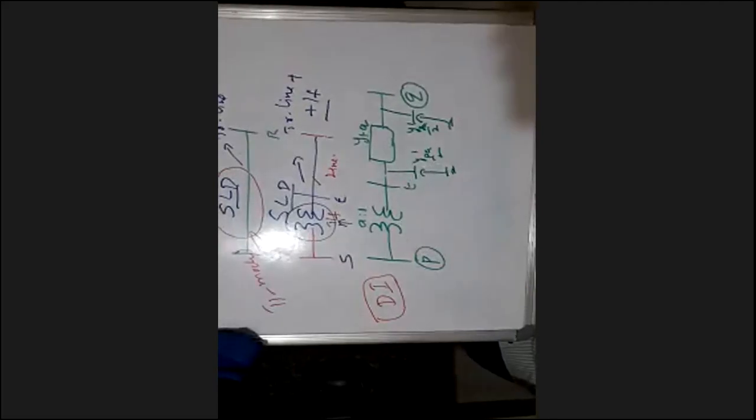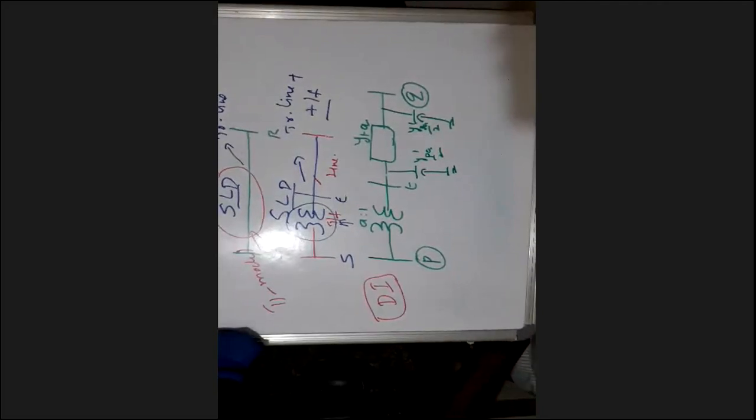And if a tap setting is there, I need to find Y bus, or else what are the changes in Y bus? I have to determine. So this is the concept which we have to apply here.